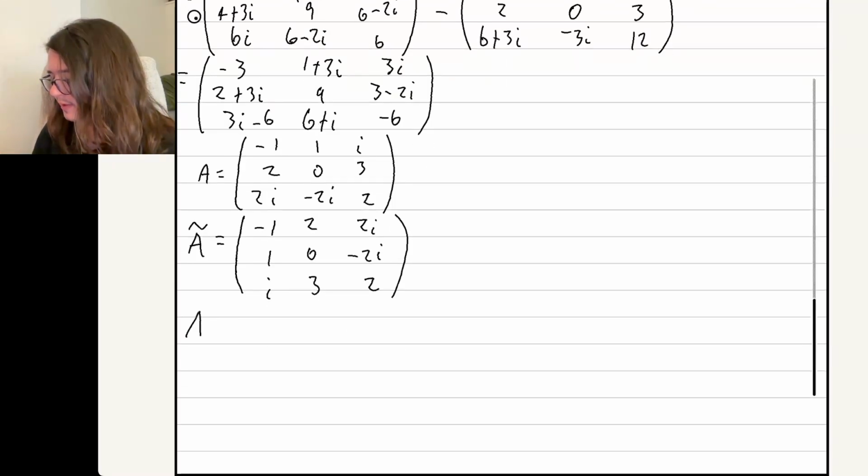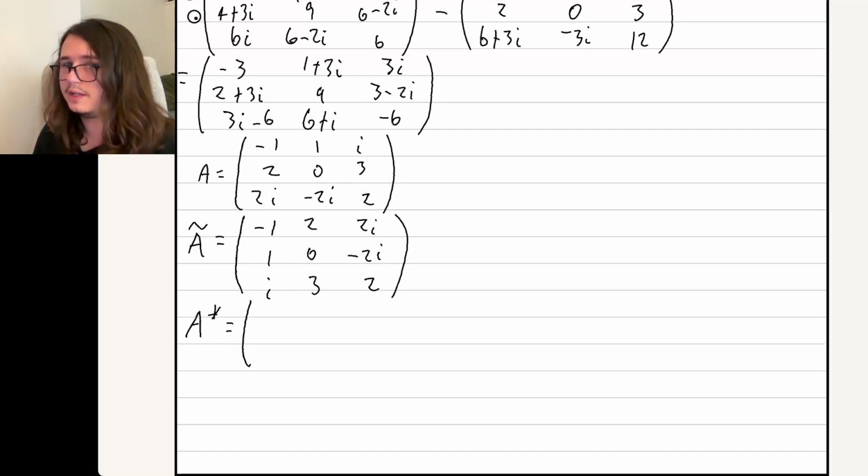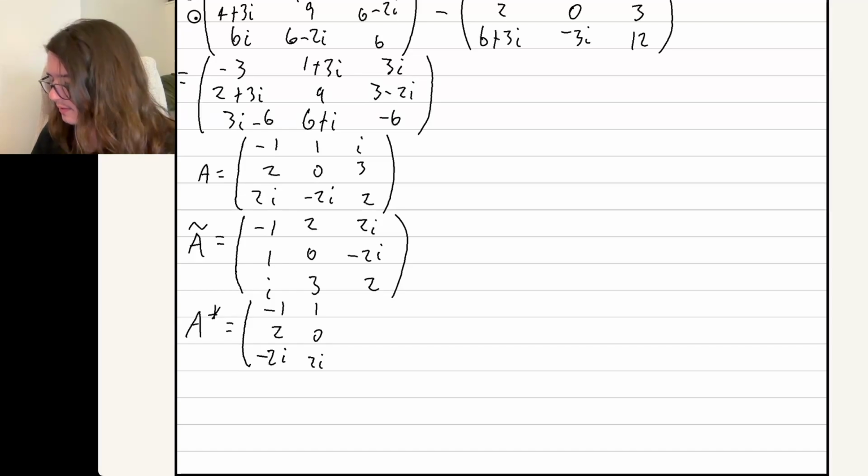The complex conjugate of a matrix is you literally just take the complex conjugate of every element of the matrix. So we take our A, we just do the complex conjugate of every element. That's supposed to be a 2 there. 1, 0, 2i, minus i, 3, 2.